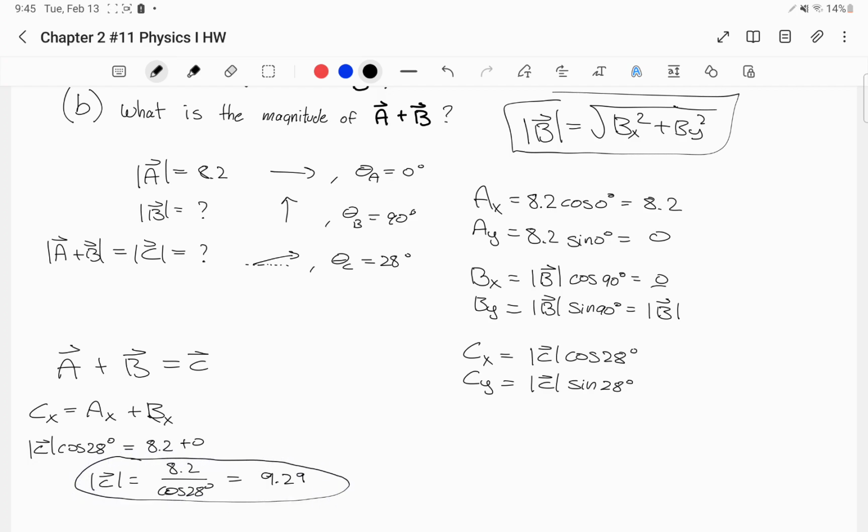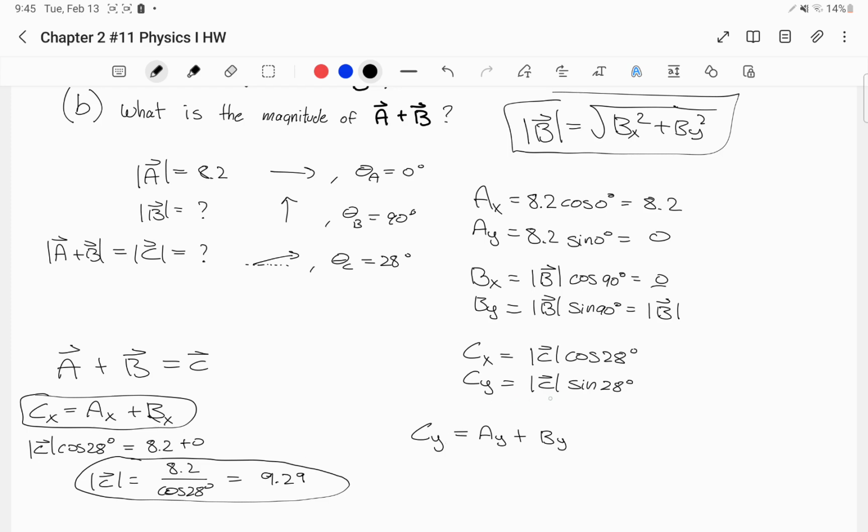So now that we have the magnitude of C, we could solve for B sub y, which is equal to the magnitude of B. So using the same relationship, we can do the same thing for our y components, where we have C sub y is equal to A sub y plus B sub y.